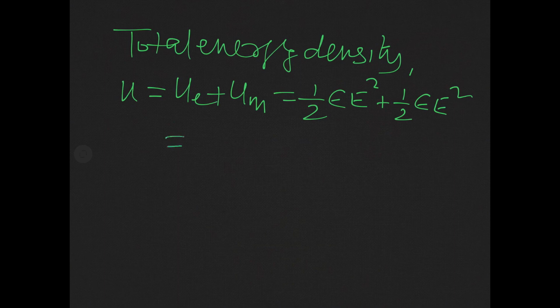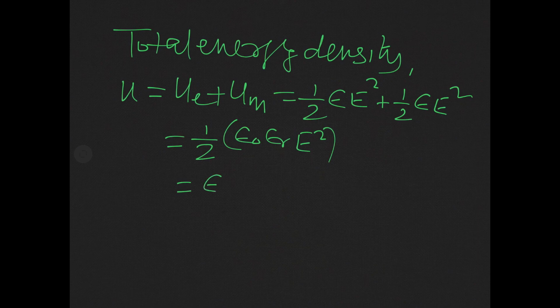And this may be written like this, as epsilon is written as epsilon naught into epsilon r. So this will be half epsilon naught epsilon r E square.